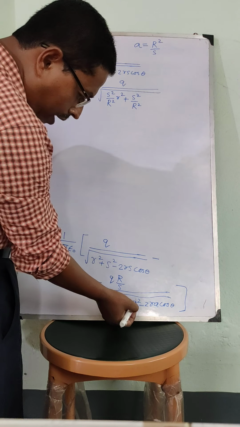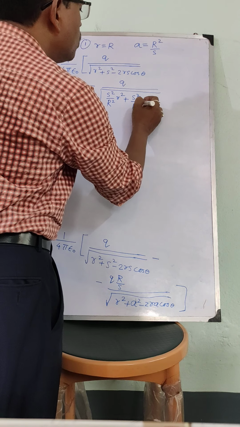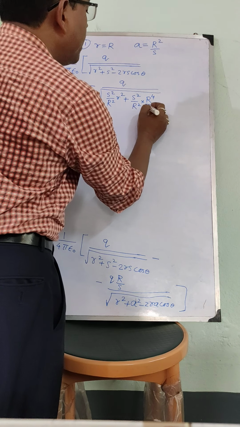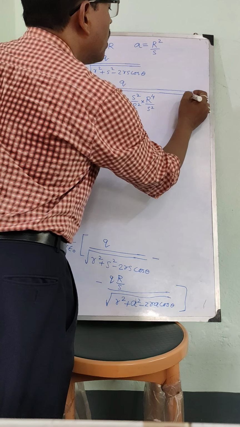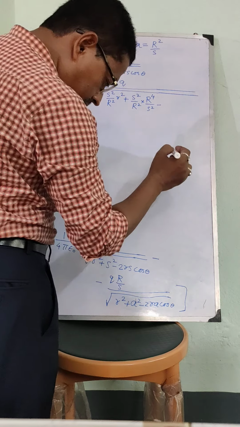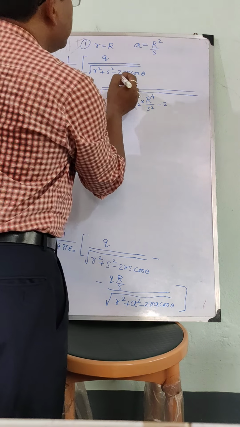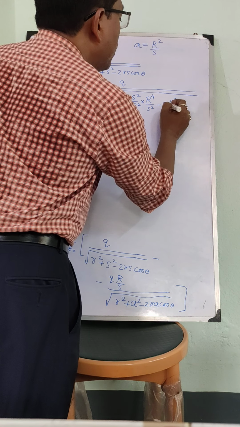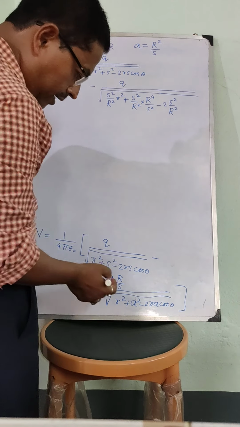So I have a square here, so I will have r to the power 4 divided by s square, minus 2, this s square by r square, which is coming from the numerator.